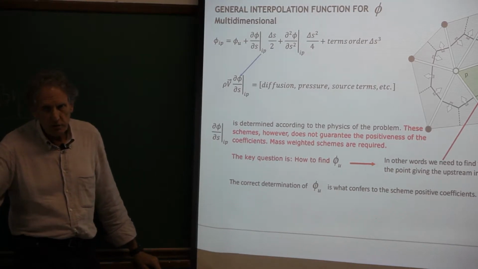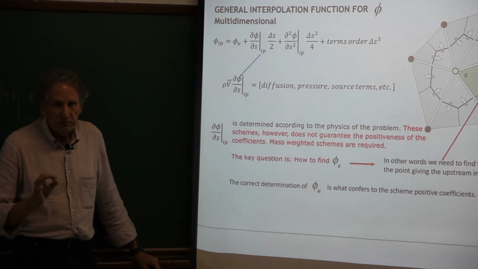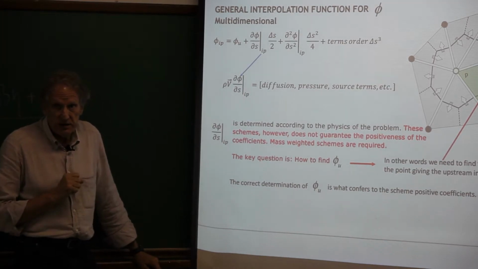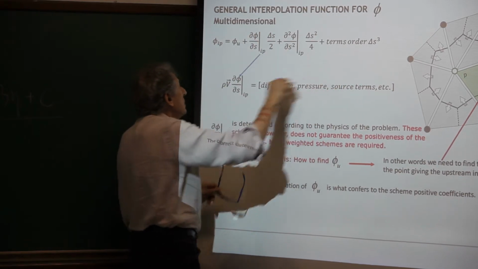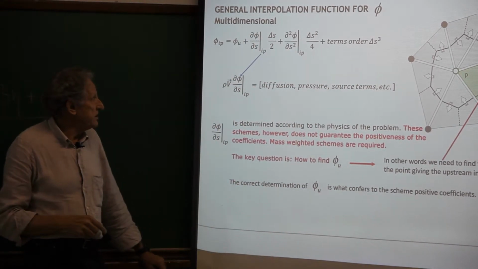The problem is not solved, because the key question also is to know who is the phi upstream. How do I choose the phi upstream? We're going to discuss that. But if I do that, this is a pure upwind scheme.